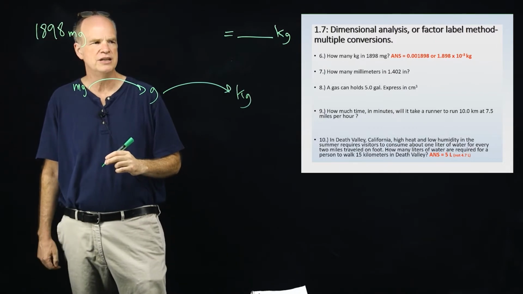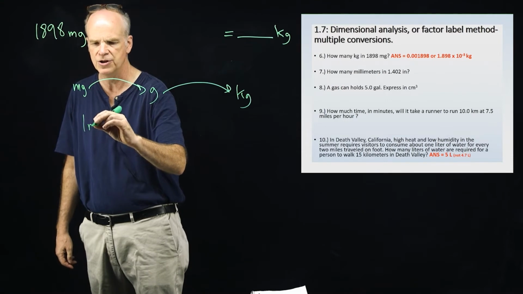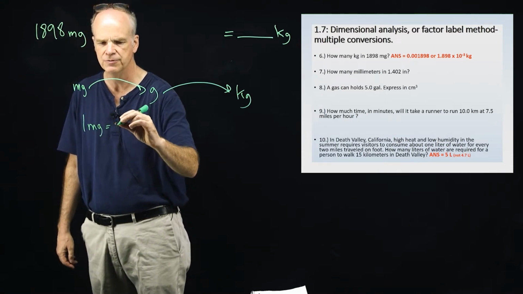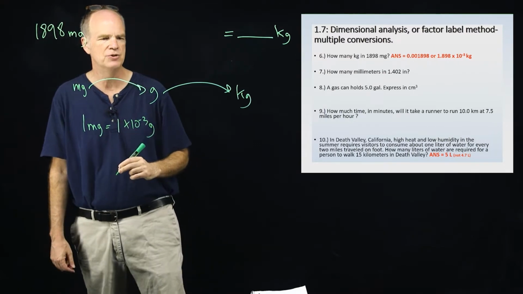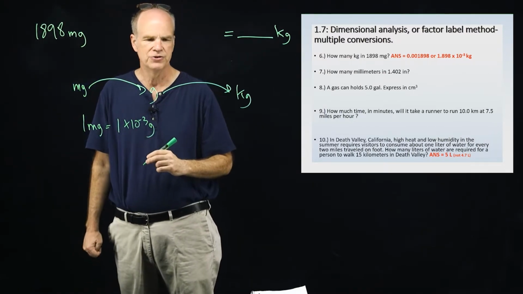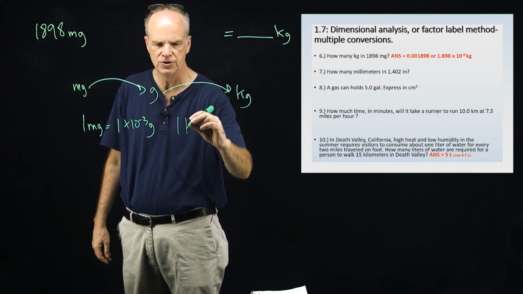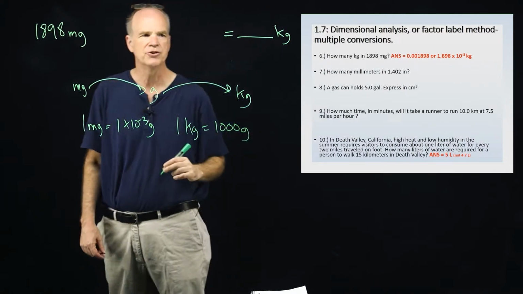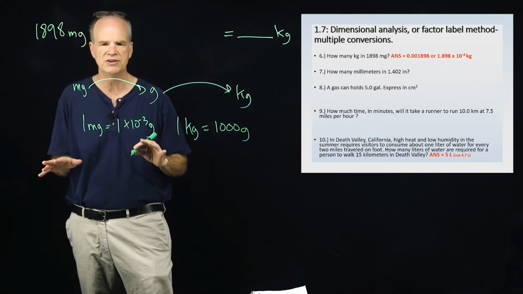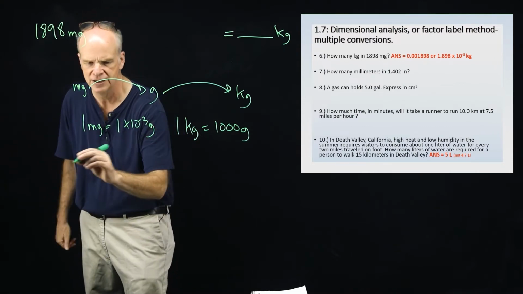So we need to remember what those conversions are. If you have 1 milligram, that is equal to 1 times 10 to the negative 3 grams. And if you're converting grams to kilograms, 1 kilogram is equal to 1,000 grams. Let me quickly set up the fractions, and hopefully you will be able to do this in your mind.